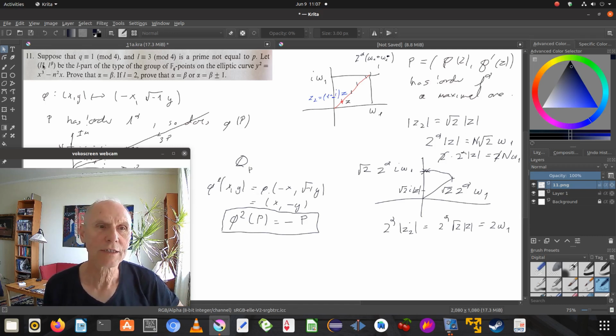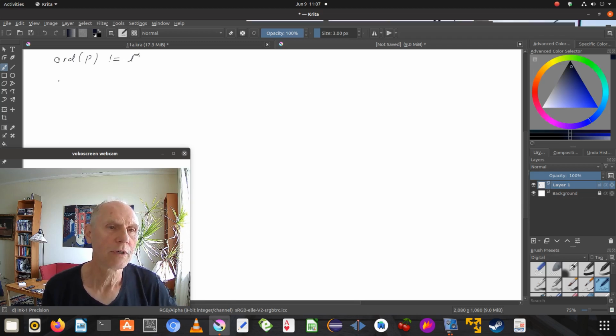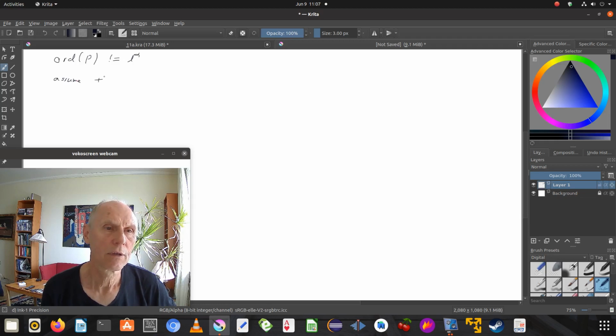So assume that it lies in the same guy. So now we have a point p whose order is exactly equal to L to alpha. And assume that phi of p equals np for some n.